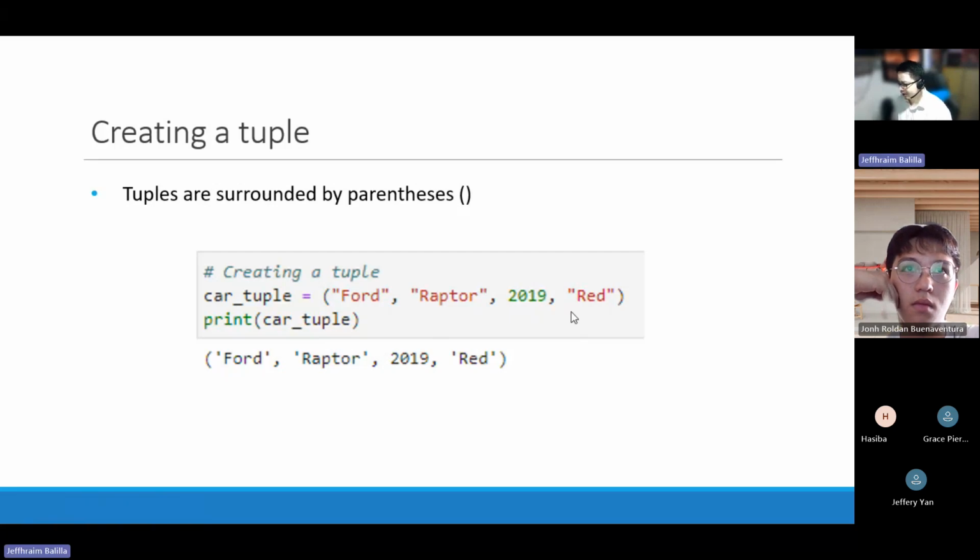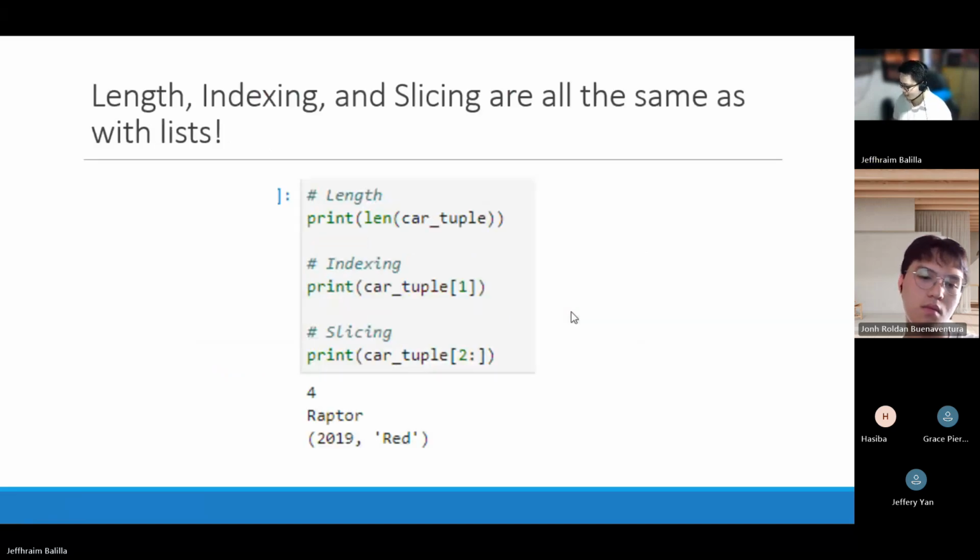So similar to a list, in a tuple we can combine different data types, and we can apply the len function, the indexing and slicing, all because it is ordered. That's the reason.